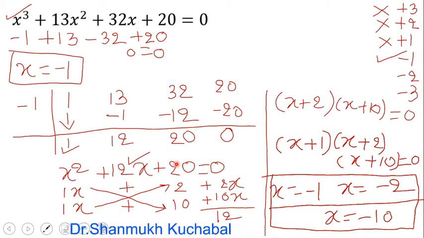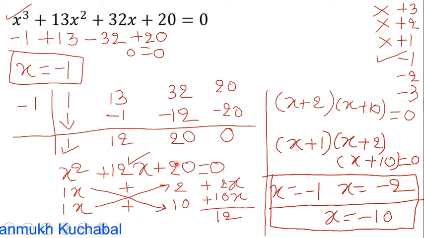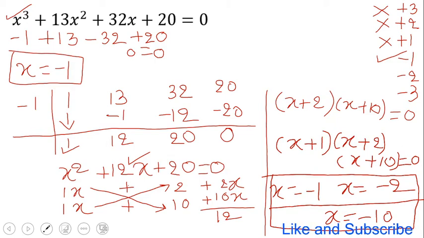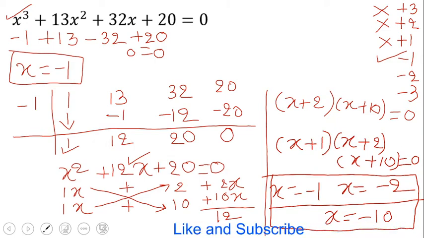In the previous class we studied the simple trick for quadratic equations. Like that, we write the factors of the x square coefficient, 1 and 1, and the factors of 20, 2 and 10 here. Like 5 fours are 20, but addition or subtraction giving 12 we are not going to get.